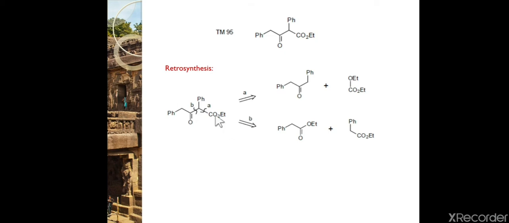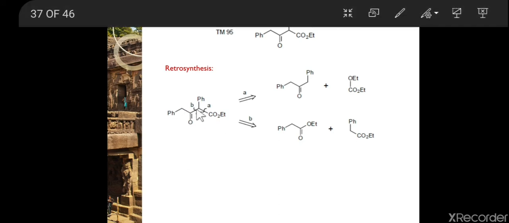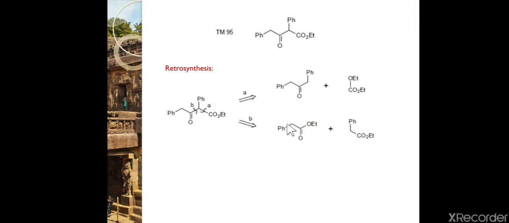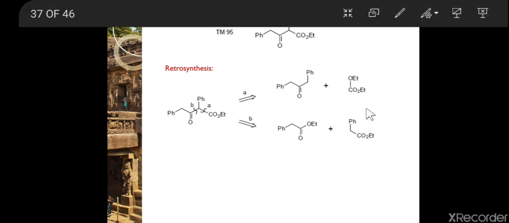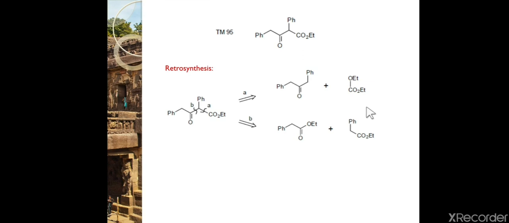Let's see. If we disconnect over here, that is near this carbonyl group of ester, then we get this kind of compound plus this type of reagent, to get the CO2Et over here. And if we disconnect over here, then method B will generate this. So friends, which one is the most recognizable starting material for you?